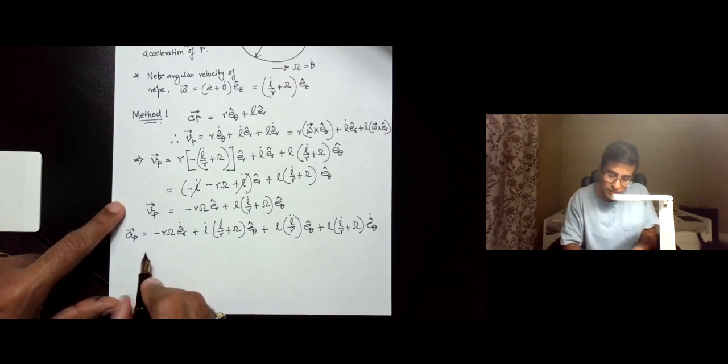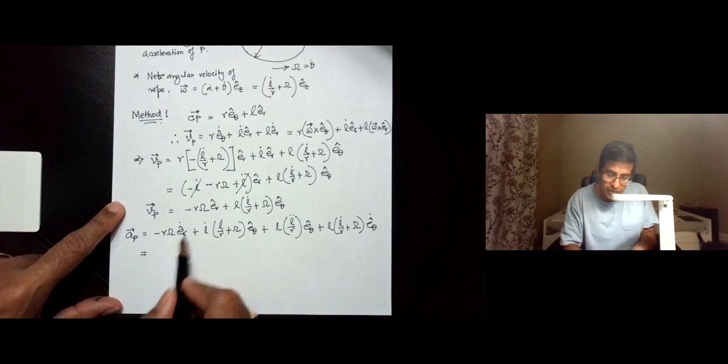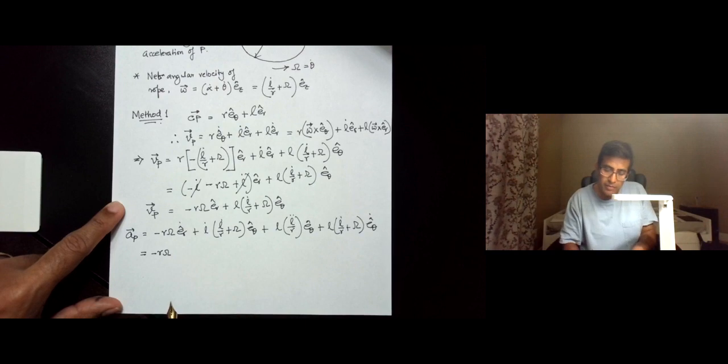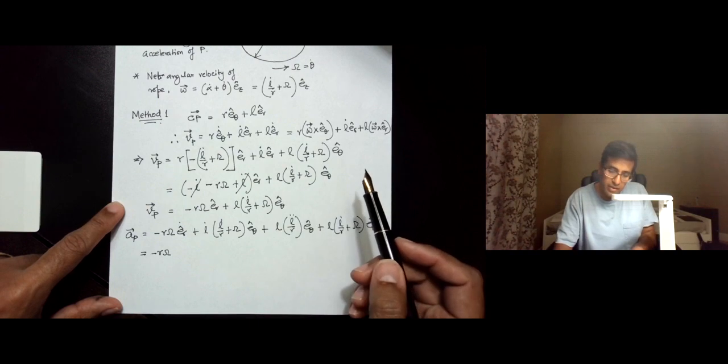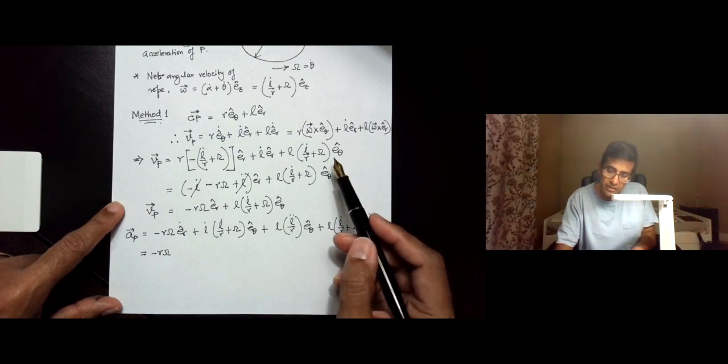Right, so here we again insert the derivative of the unit vectors. So Er dot is, we had found it out when we were deriving the velocity.